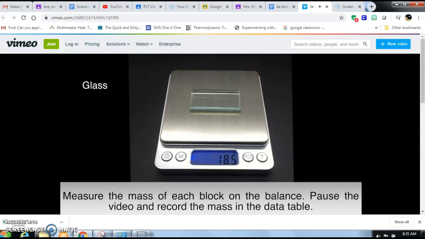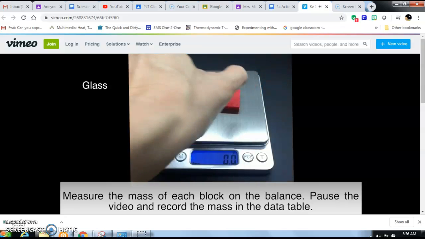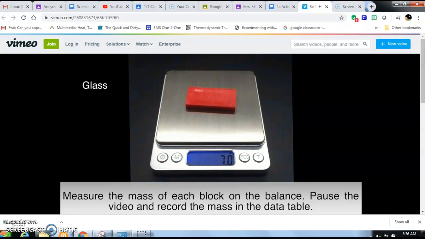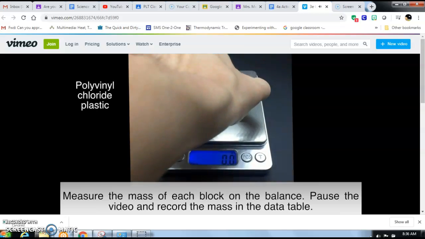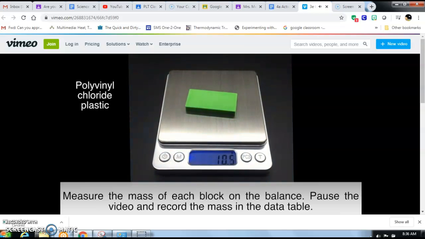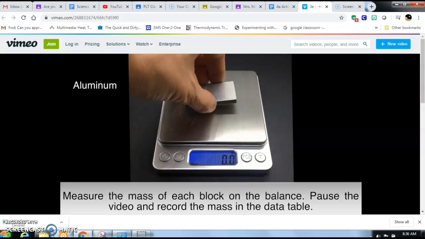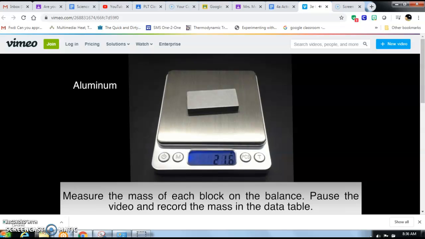Glass. High-density polyethylene plastic. Polyvinyl chloride plastic. Aluminum.